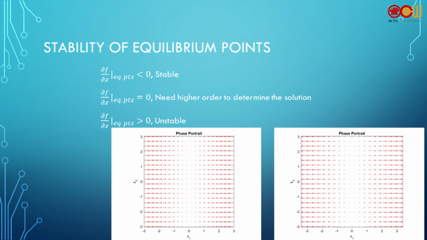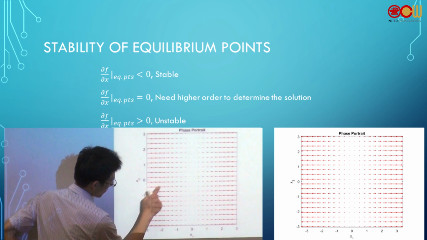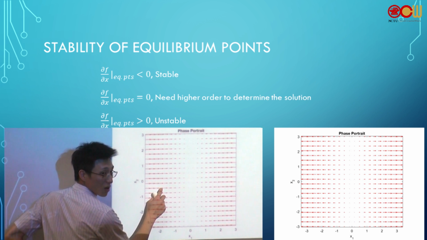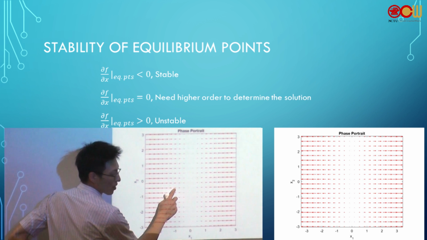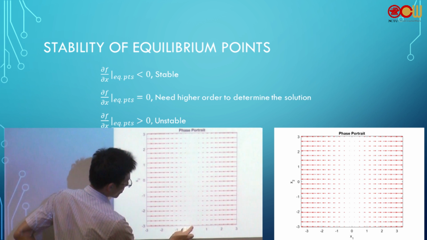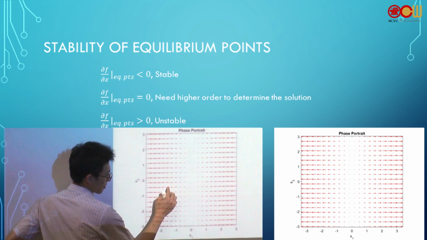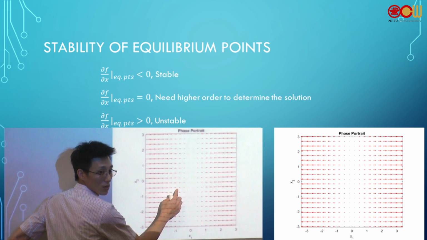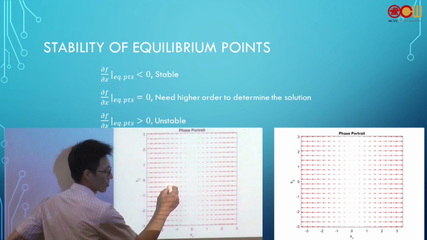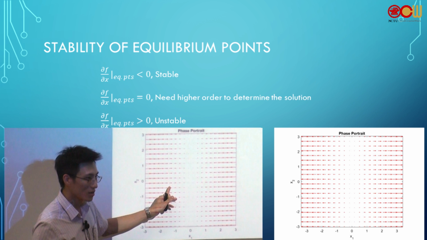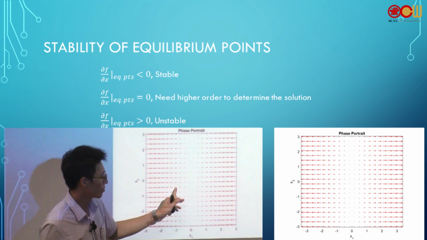For this picture, let's say here the vector field points to the right. 0 is here, so if you are on the left-hand side, the vector field points to the right. That means if your initial condition is here, the trend, or the velocity of the state, is trying to go to the right.